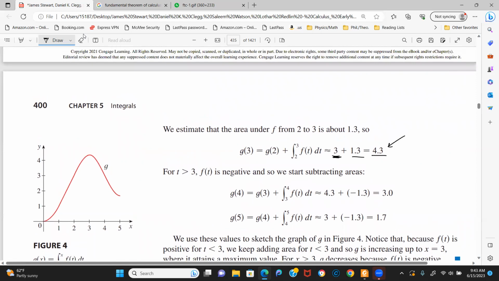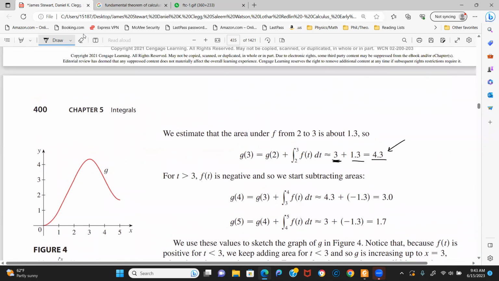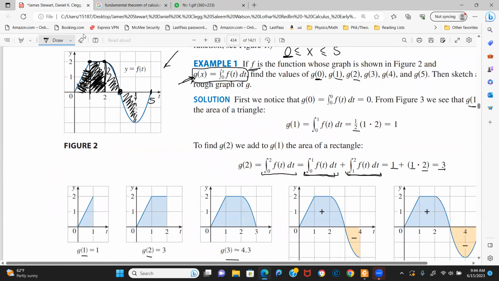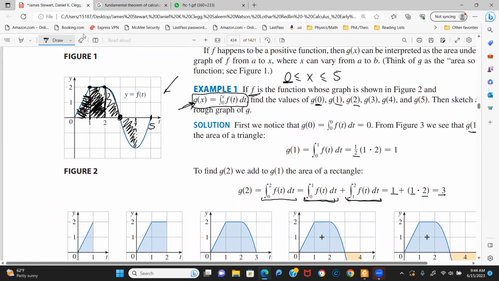So when you plug in 2, you can go up to here and it's 3. So when you plug in 2 to this function right here, the height of the function above the x-axis is 3, and that's because that's the area under the curve up to the point 2. Let me get rid of some of this.